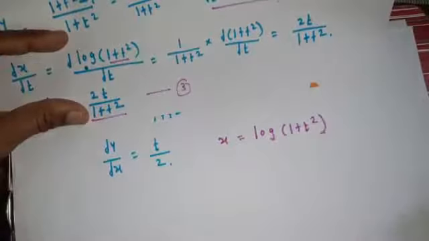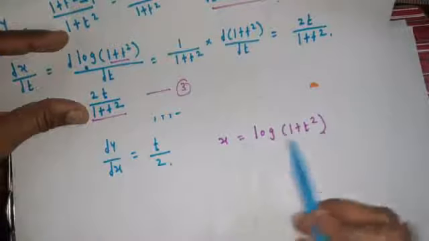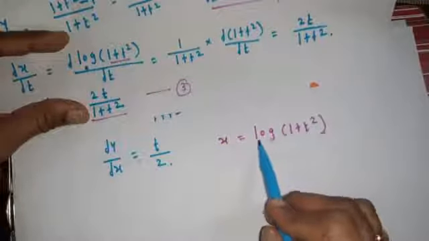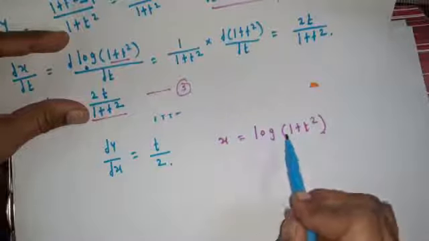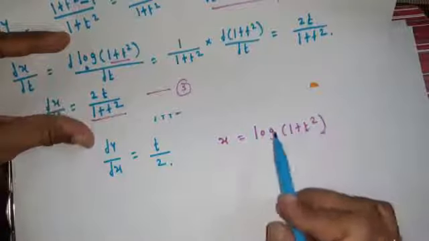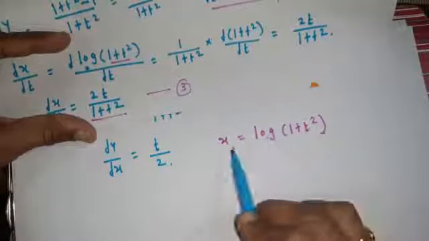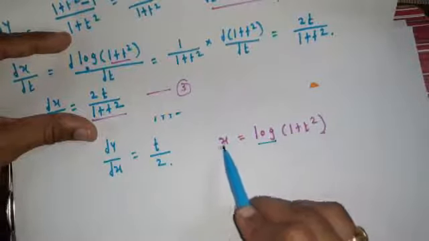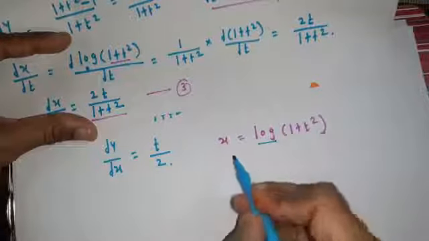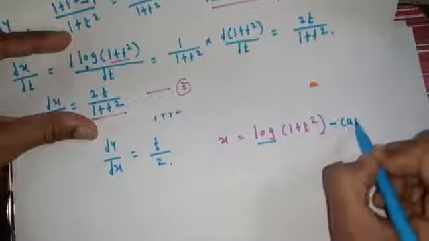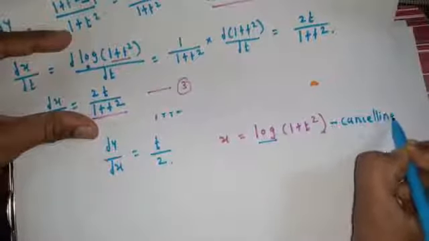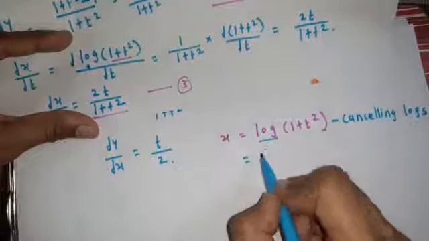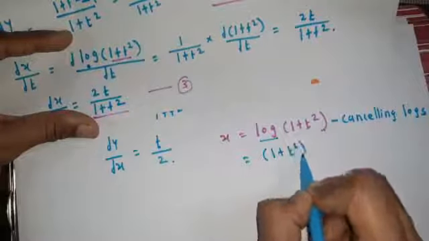Okay students, so here we cancel logs on both sides. From this side the log will be cancelled and that will become 1 plus t square.